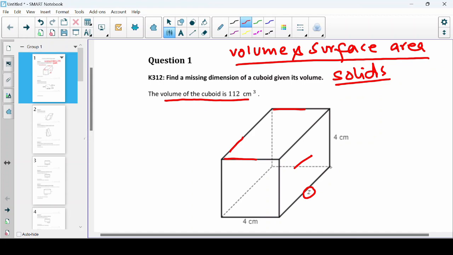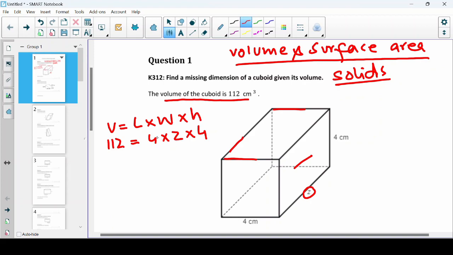So the formula for the volume of a cuboid is volume equals length times width times height. We simply put the values here, 4, z, and 4, and the volume has been given to us. 112 is equal to 4 times z times 4, and we have to find this z which is unknown.